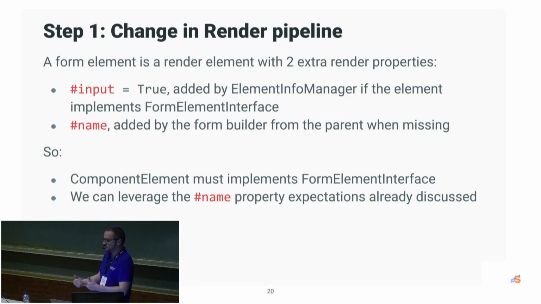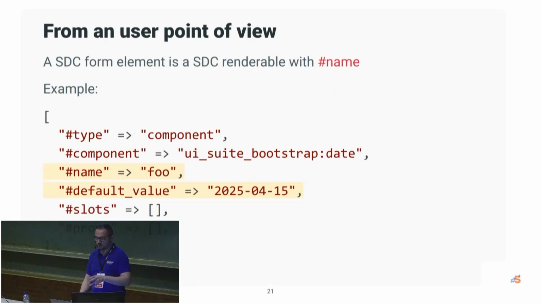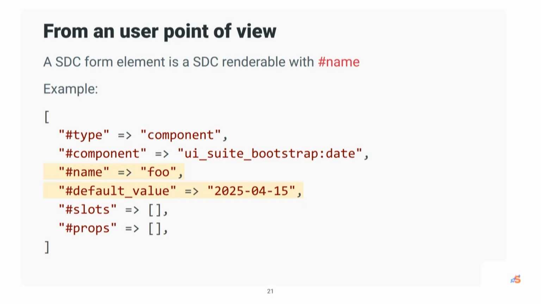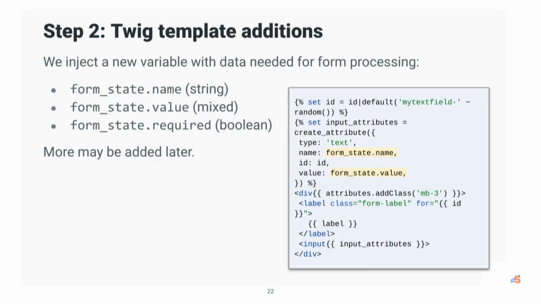But that way, we benefit from automatic processing of the existing services and manipulation done by the Form API. And for someone using the components, currently by code, for example, what it means for the user is just to add a name property, and that way component element can recognize that it is a form element and do some processing.